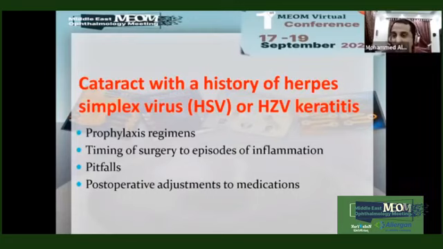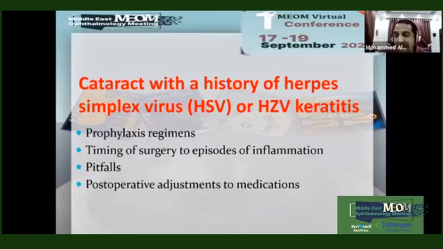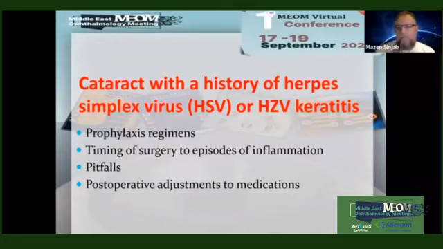Okay, who among our colleagues here has any idea about the regimen of that? If you can give a prophylaxis regimen, as Dr. Osama mentioned. Yeah, Muhammad, Dr. Ali, Dr. Mazen. I'll make it a question to all. Now, one of the protocols is first, the eye should be quiet for at least 6 months.